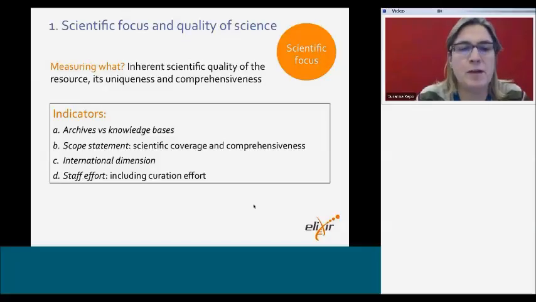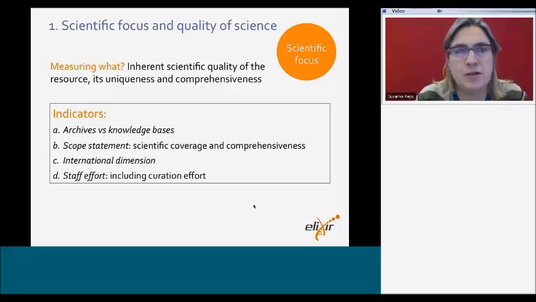A knowledge base might consist of data coming from the archives, but also potentially from things that have been described in the scientific literature. So it's really pulling together lots of different threads, and that's fundamentally the two different types of resource that we have.